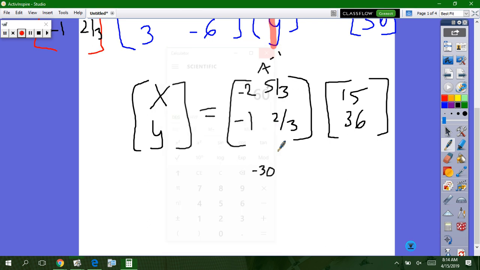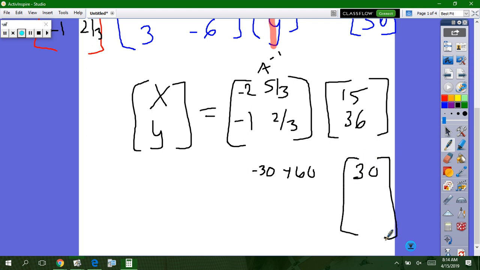What do I do to those two numbers? I add them, don't I? And I get 30. Now, that was first row, first column. Now I'm going to do second row, first column.